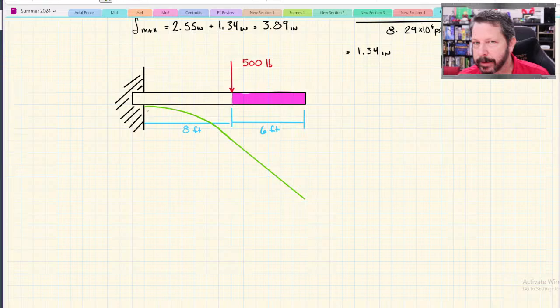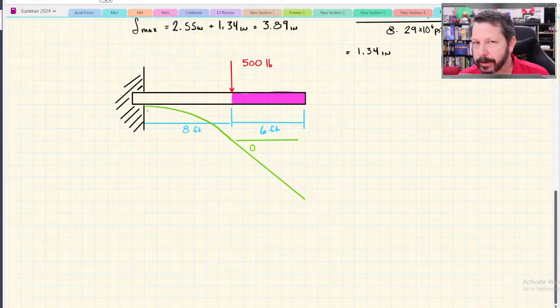Again, way exaggerated, but that's what we consider. We sort of did that last time, just in a different way, where there was a concentrated moment. Actually, there was a point load that we converted to a concentrated moment, which was twisting the beam, and the beam started out at a sloped angle, and then it bent from there because there was a point load on it. But this is how we would deal with this one.